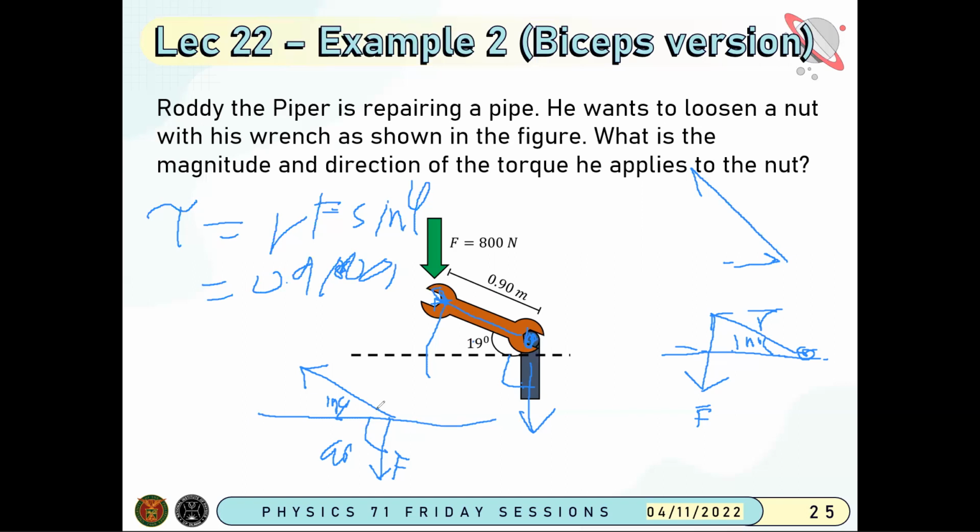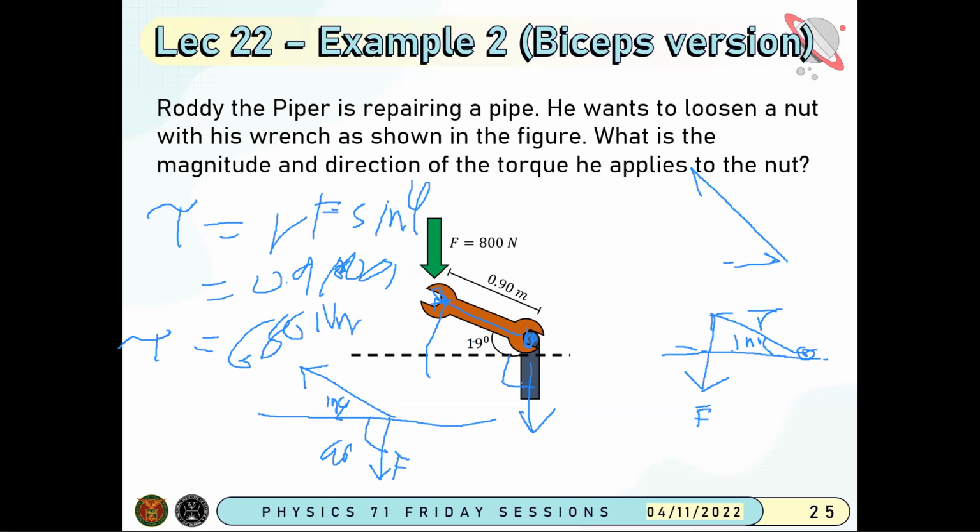Okay. So anong sagot nun? 0.9 times 800 times sine ng 109. That will be 680 Newton meter. So ngayon, yan yung torque nyo.